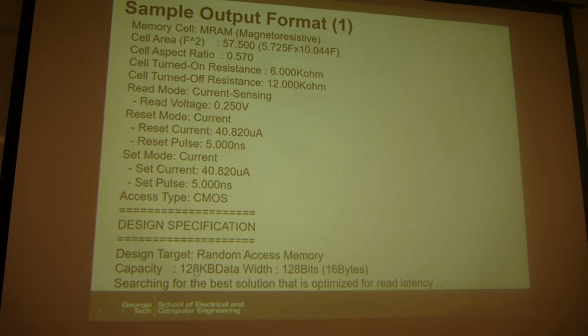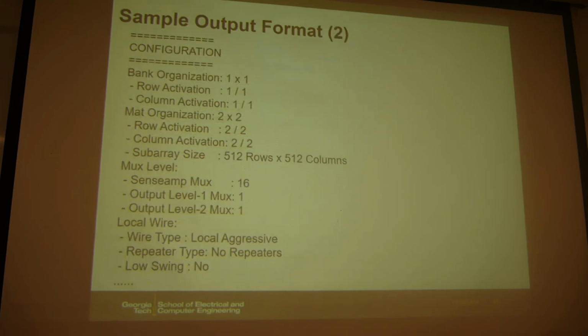You are going to design, for example in this case, a 128 kilobyte cache. And then it will repeat your configuration, the configuration you defined, and the subarray size, for example here 512 by 512.